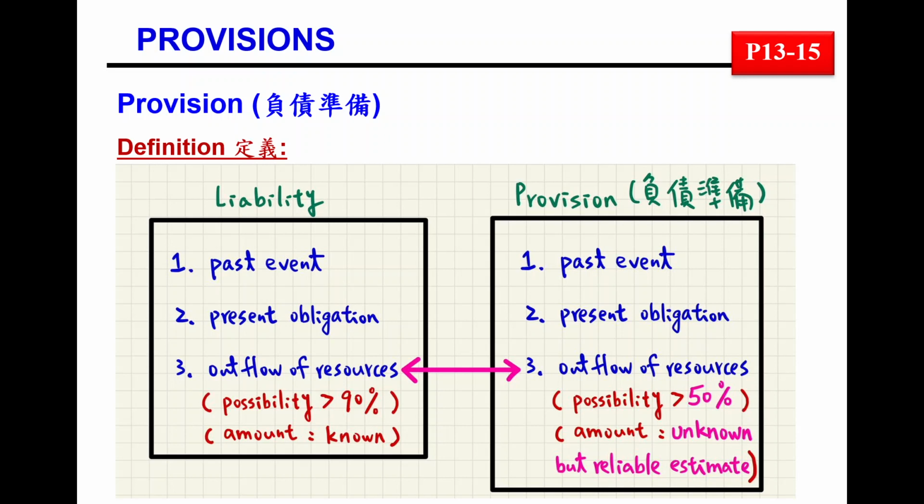And how much, we are not sure. So there is uncertainty about the timing and the amount. We talk about this case today about provisions: uncertainty on your timing and amount in the future.